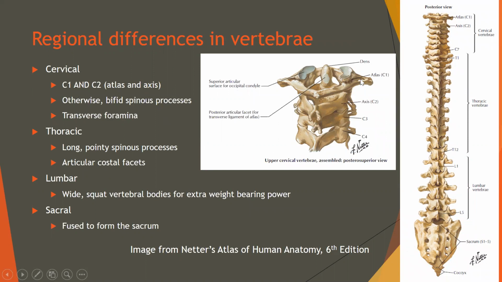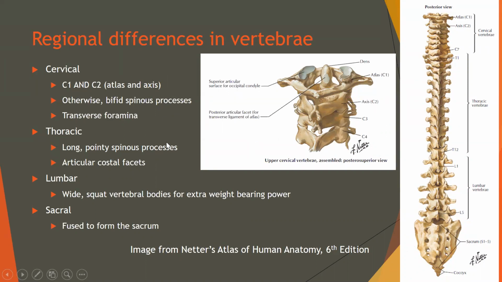You can see the transverse foramina of atlas here. What goes through there are your vertebral arteries, which means if those get fractured, then you can have some issues with blood supply to those areas.